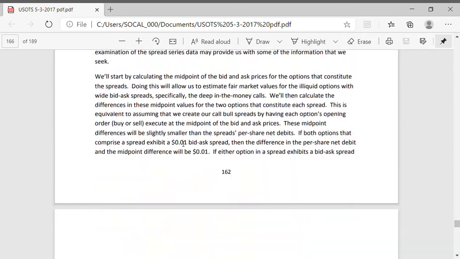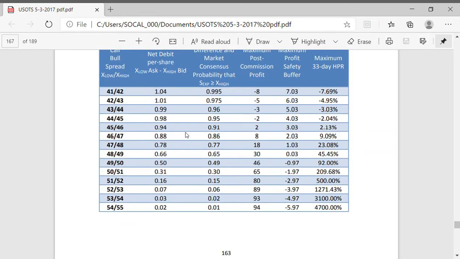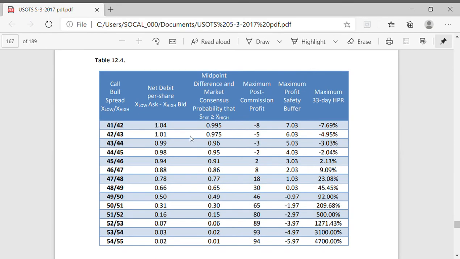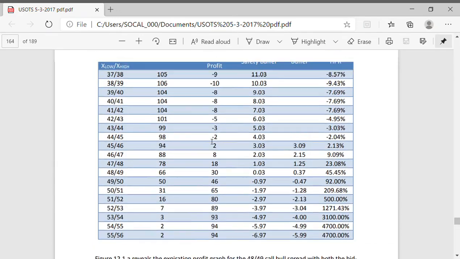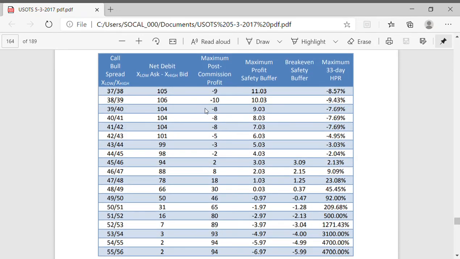So now let's go down here, and here's an interesting observation. Let me go back up here and make one other observation. The observation that I want to make right quickly is that the existence of commissions really reduces the number of call bull spreads which would allow for a profit.